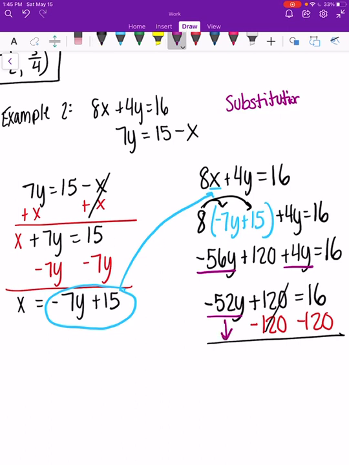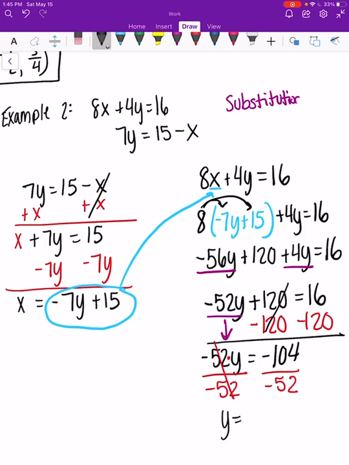Bring down my negative 52y. 16 minus 120 is negative 104. And then I'm going to finish solving for y by dividing by negative 52. Those cancel out. And I have y equals negative 104 divided by negative 52, which is a positive 2. So we have y equals positive 2.